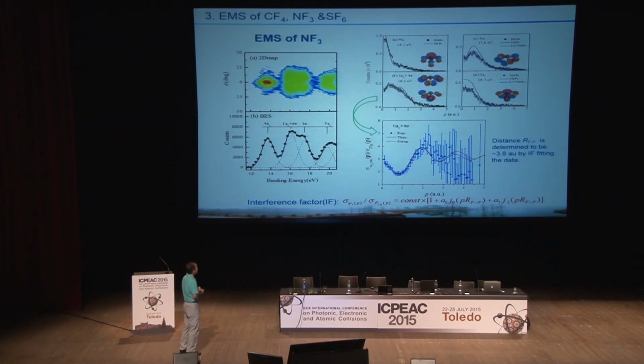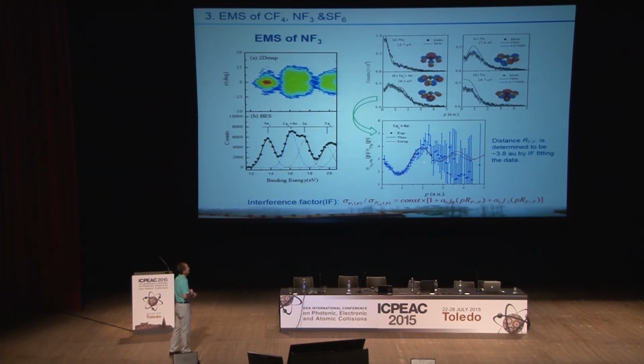Similarly, we can get the interference factor for these orbitals. One can see from the figure that the interference pattern is also observed clearly.